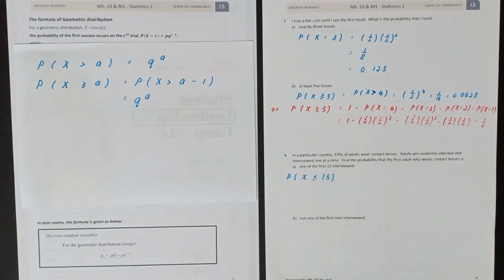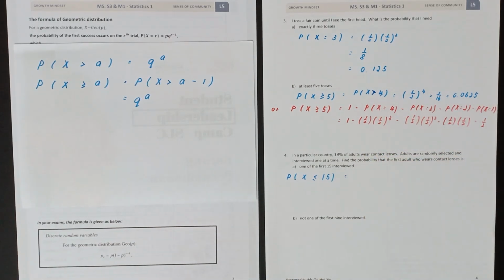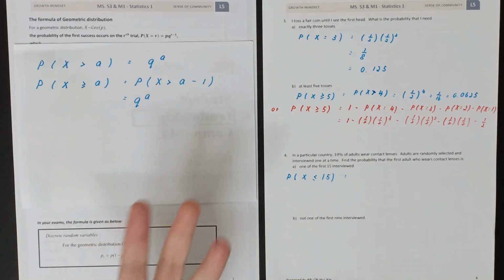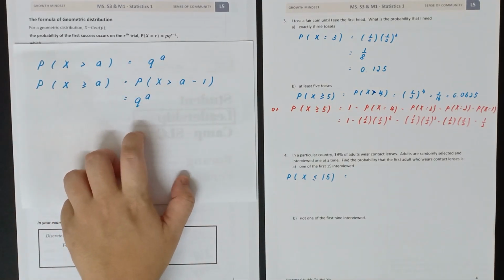Okay, so how do we find the probability that the number of trials needed for the first success is smaller than or equal to 15? If you want to do this the long way, it will be x equals 1, x equals 2, 3, 4, 5, then you add it up to 15. But you see the working will be very long. So what we can try to do is use the same thing that we have already got just now.